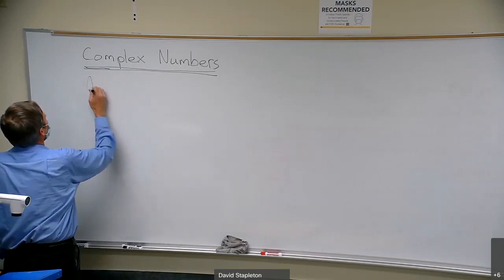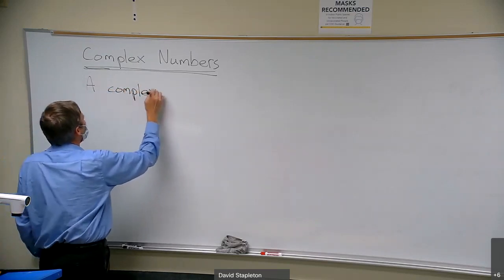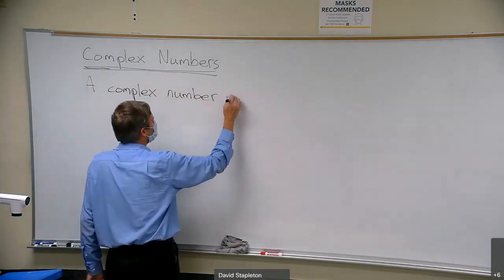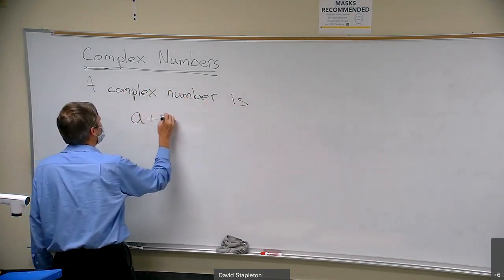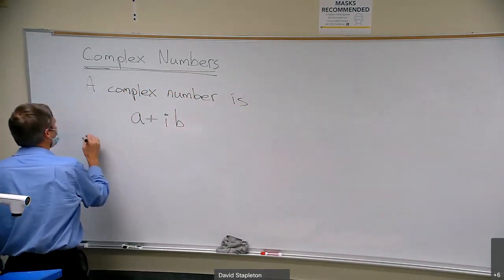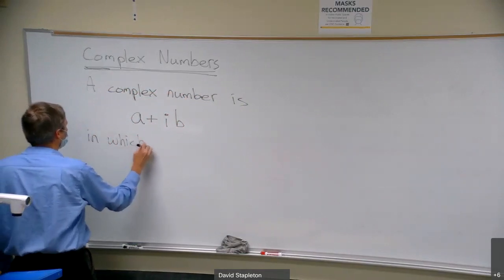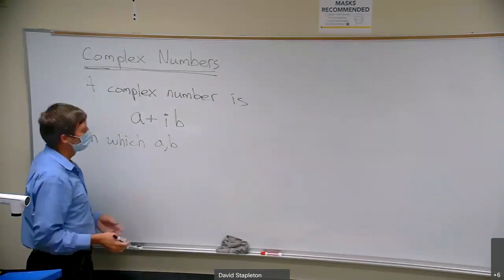So we'll say this: a complex number is a number a plus i times b, in which a and b are real numbers you can write as decimals, right?